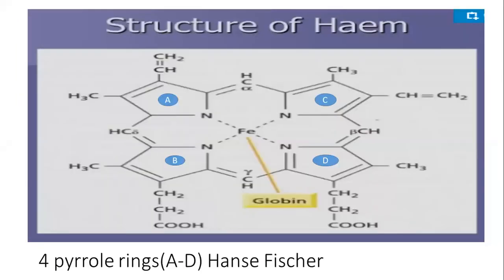And so when you look at the structural aspect of heme, basically heme is composed of 4 chiral rings.